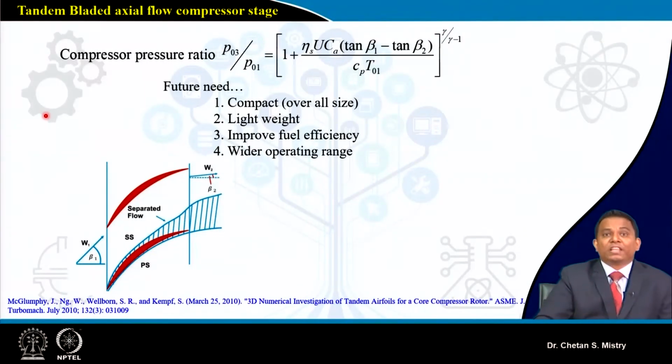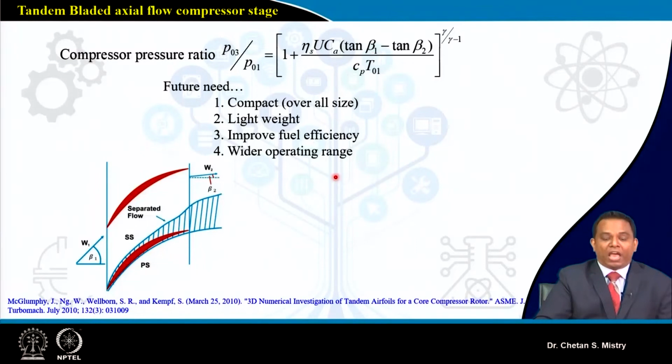Now we were discussing different approaches for enhancing the pressure ratio or per stage pressure rise. We can improve the per stage pressure rise in different ways. We have discussed we can increase our peripheral speed, we can increase our axial velocity, and we can increase my delta beta. Okay, what is the reason?